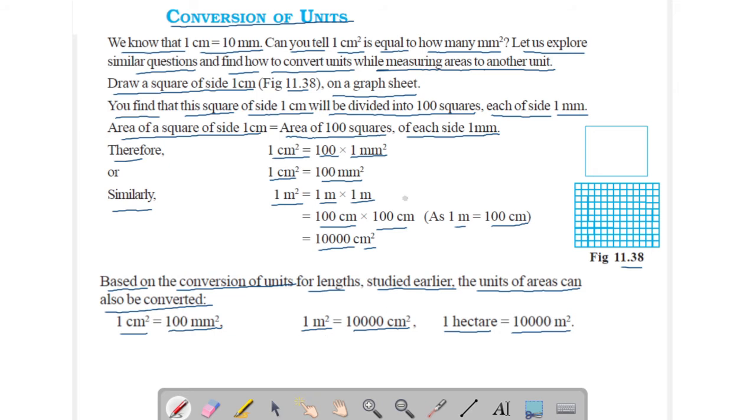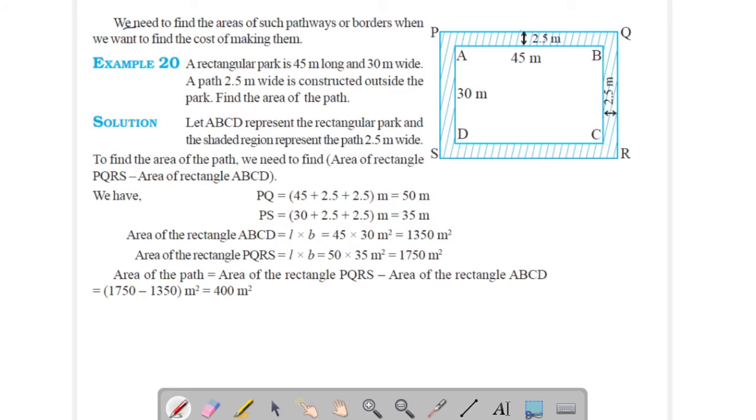Always remember, here we need to find area of such pathways or borders when we want to find the cost of making them.